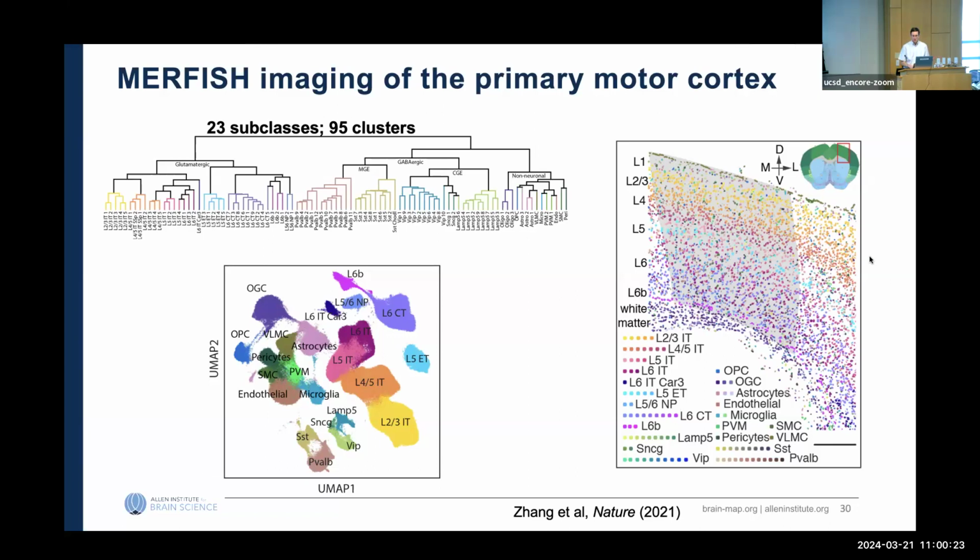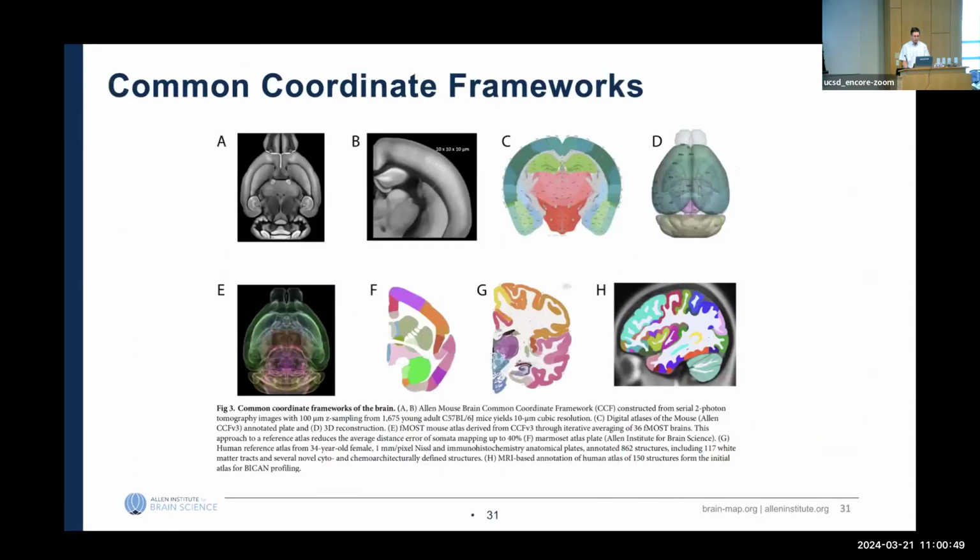But it does provide you with the spatial context, which is essential, because if you really want to solve the problem, you want to know where certain cell types are. For these cell types that we call layer 2, 3 IT cells, they live in these laminar layers of the cortex, right? So MERFISH and its techniques are an important part of the puzzle.